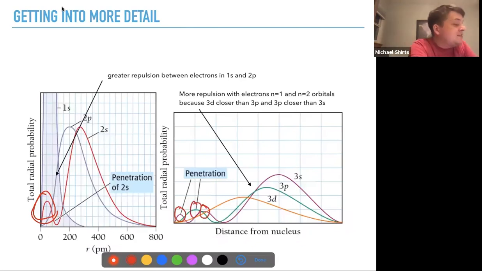The 3p, because of that node, also penetrates more. And again, because on average 3d and 3p are closer than 3s, they're repelling the second shell electrons more. So there's a lot of different effects going on here. You don't have to worry about exactly knowing why all of them are occurring, but it's because of the different shapes, they interact differently with inner electrons.